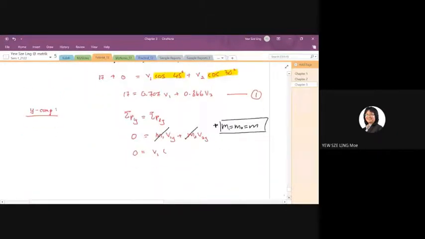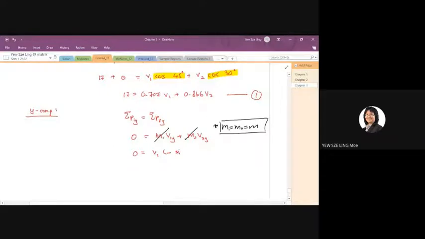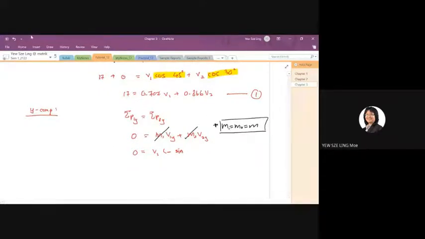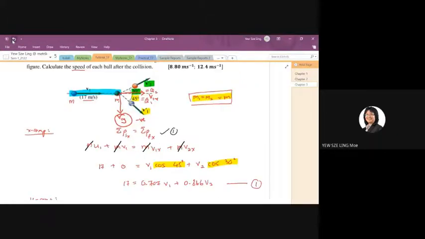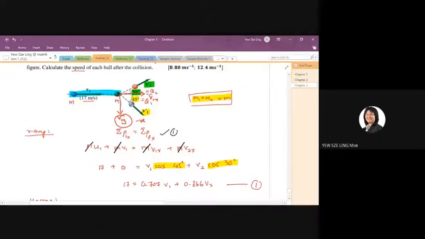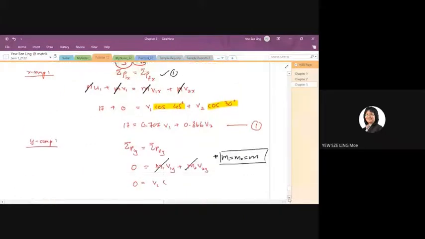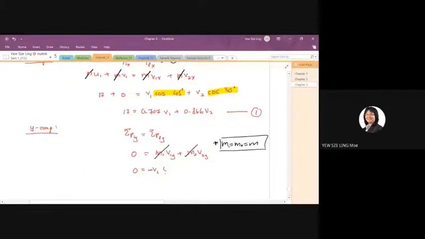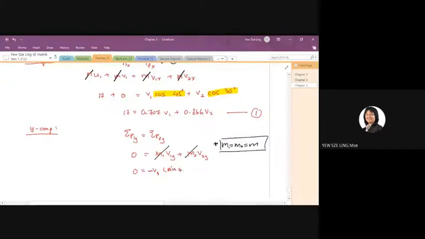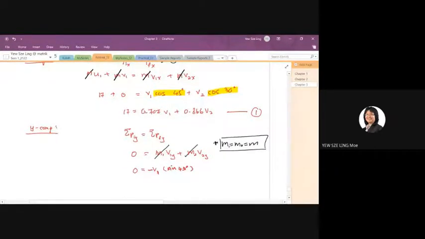Therefore, I'm going to put a negative in front of V1 to make it easier for you, not to confuse you. So negative V1 sine 45 degrees.